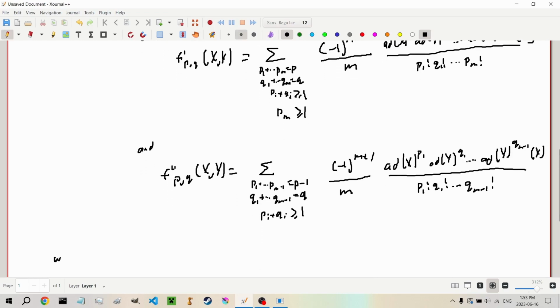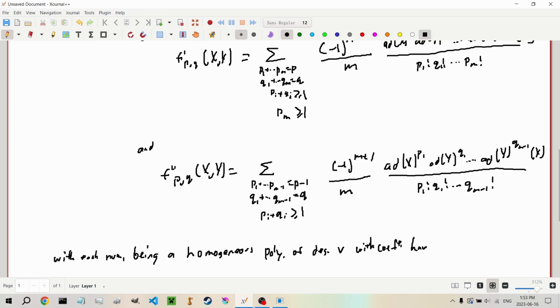With, by our previous lemma, each numerator being a homogeneous polynomial of degree nu with coefficients having absolute value less than or equal to 1.